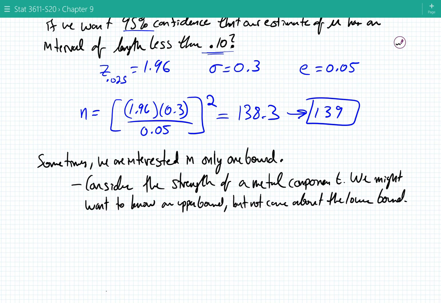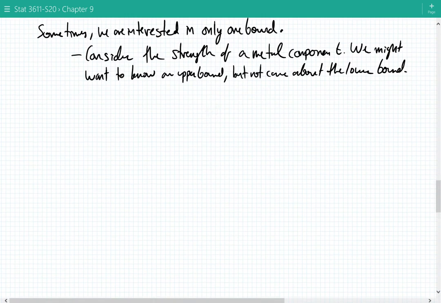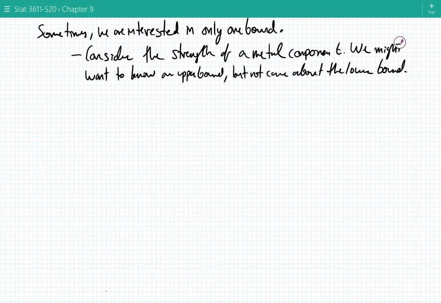Just one potential thing as far as setting something up. And we'll take a look at some examples of this shortly. But what happens when you are only looking at one side then?